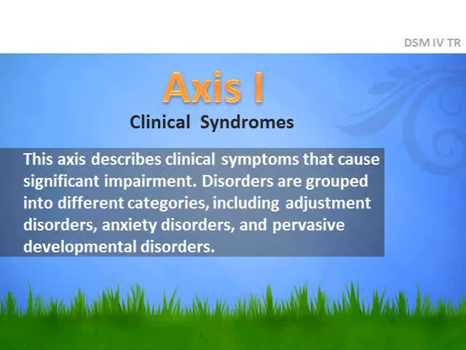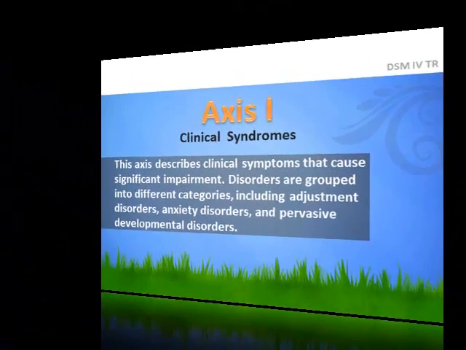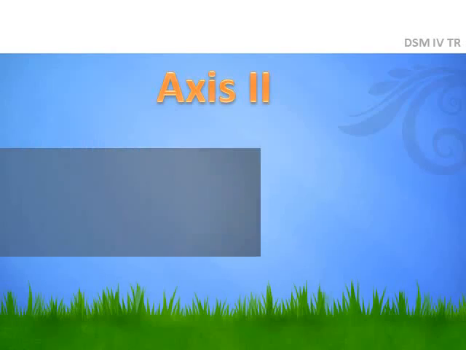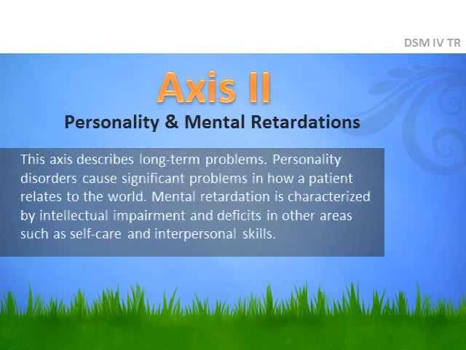Disorders are grouped into different categories, including adjustment disorders, anxiety disorders, and pervasive developmental disorders. Axis 2 in the DSM-4TR describes personality disorders and mental retardation.